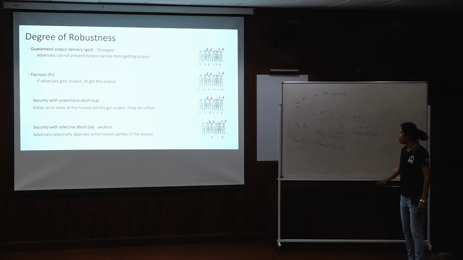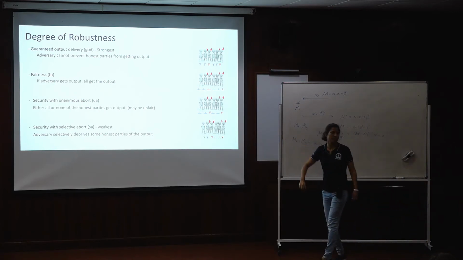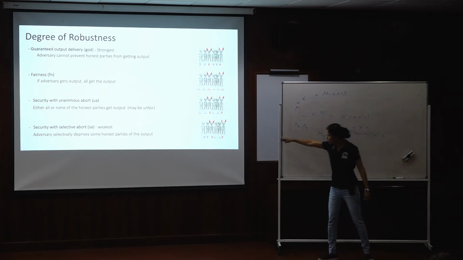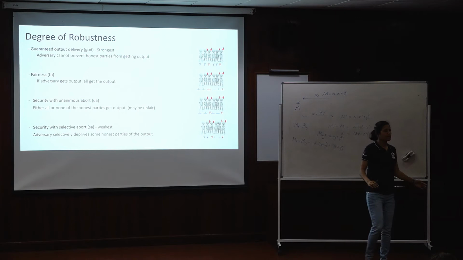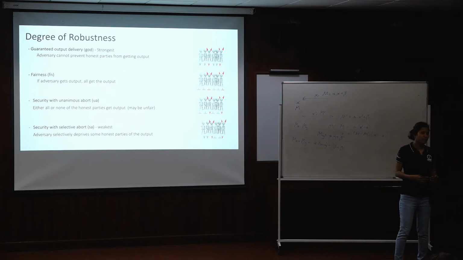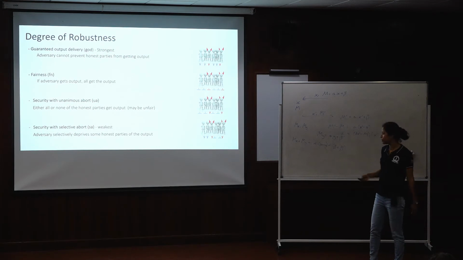So for instance, it can decide that the first two honest parties get the output, whereas the middle two do not. That's called selective abort, because here the adversary can select which honest parties it would allow to get the output and which not.